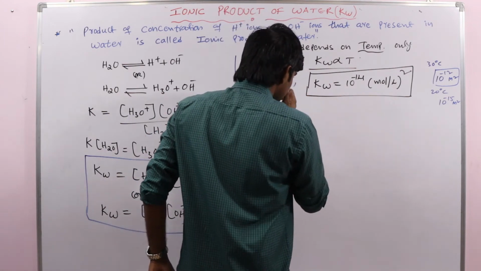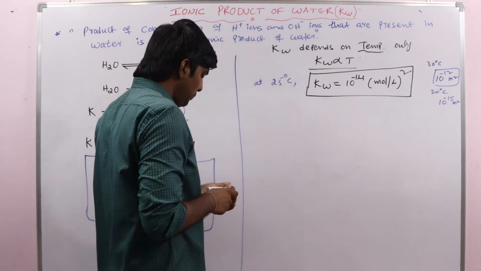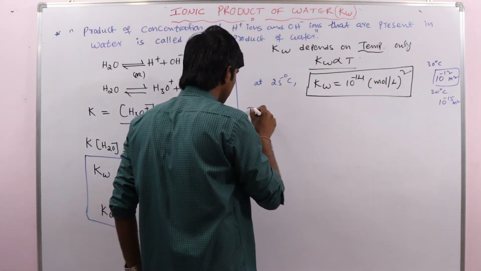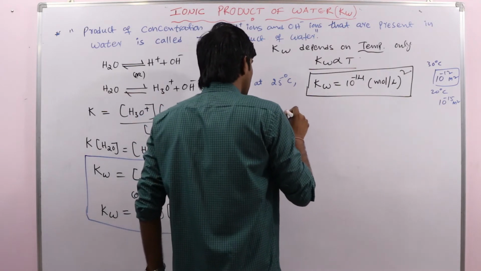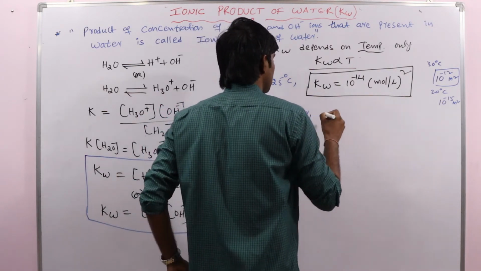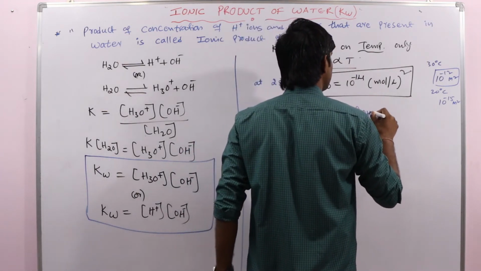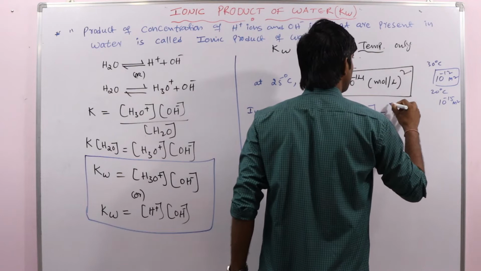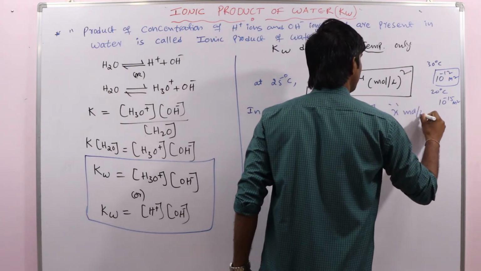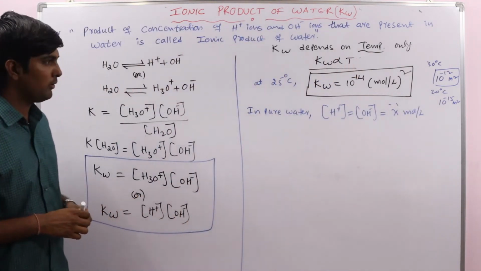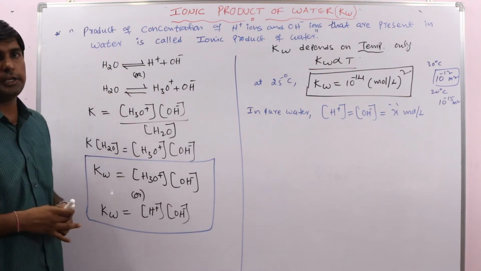So now, in pure water, H plus ion concentration is equal to OH minus ion concentration, that we are assuming as X moles per liter. Okay. So in pure water means only water is present.